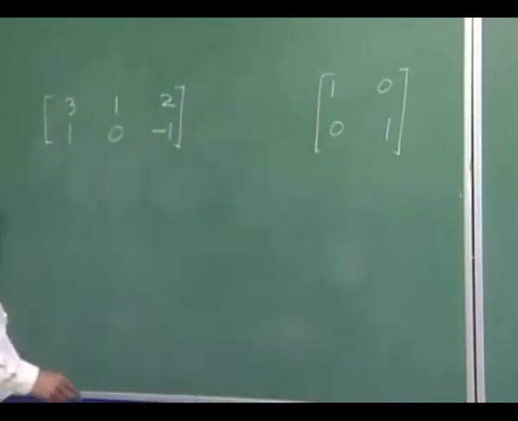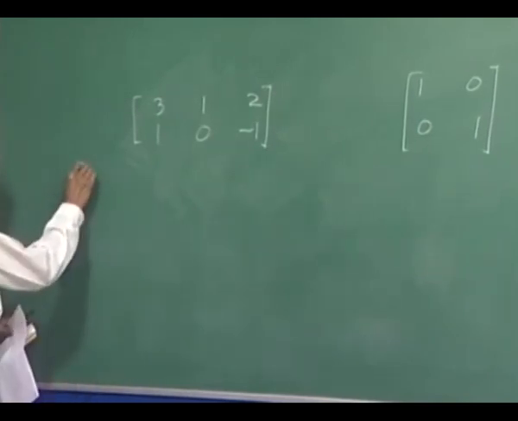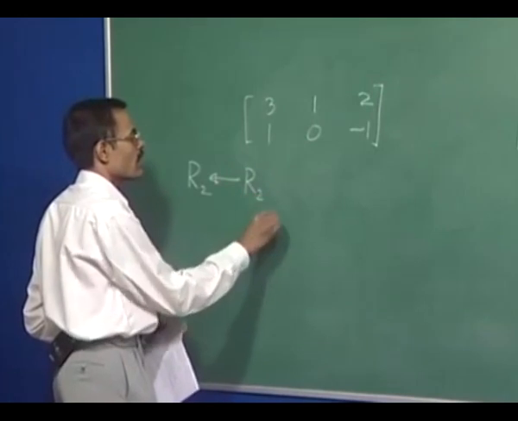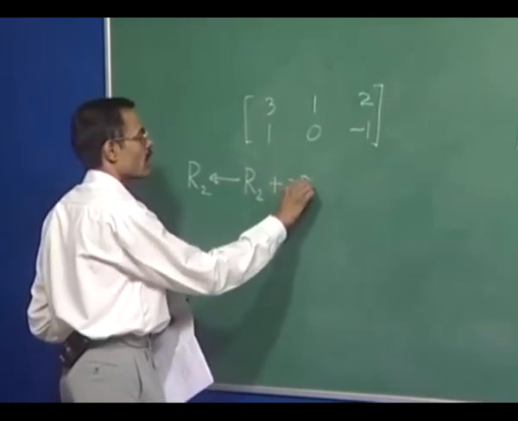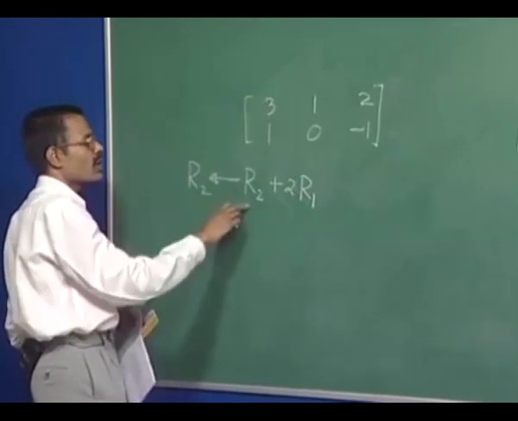Suppose the elementary row transformation that we decide to apply is this: add 2 times the first row to the second row.